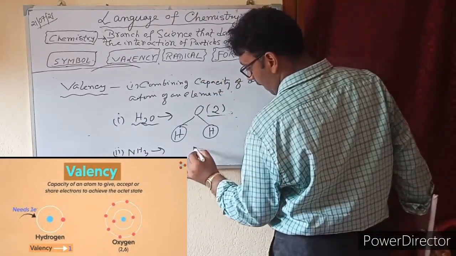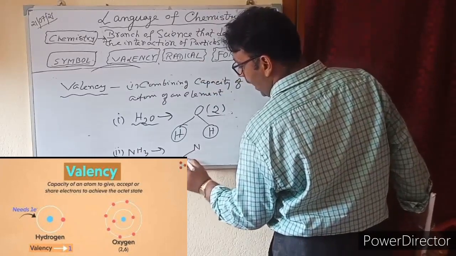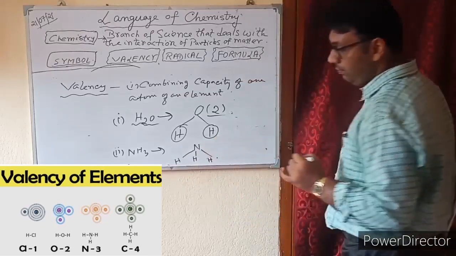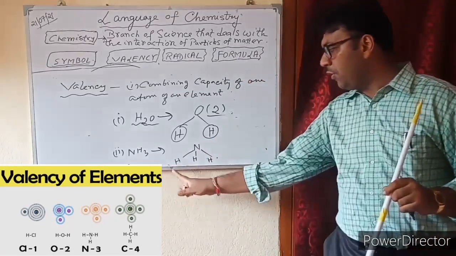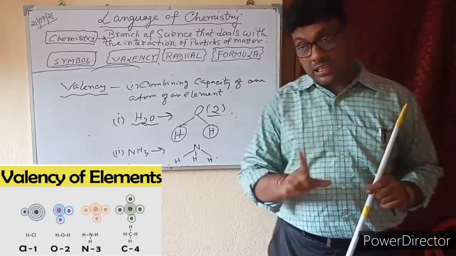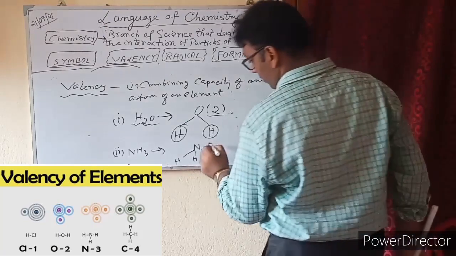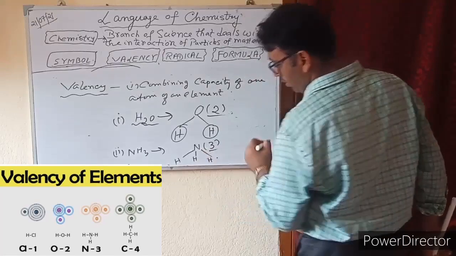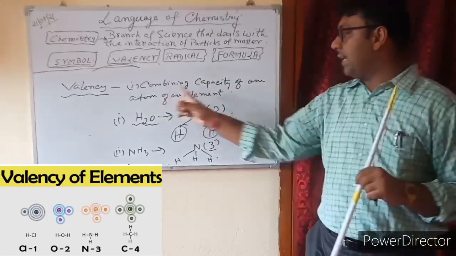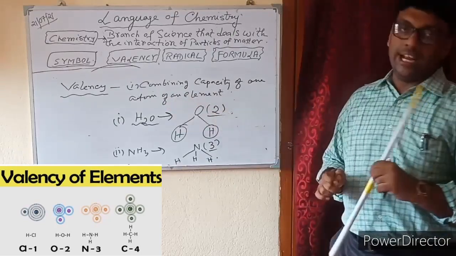Here one atom of nitrogen combined with 3 atoms of hydrogen. So here the valency of nitrogen is 3. So this is the first definition, the combining capacity of one atom of an element.